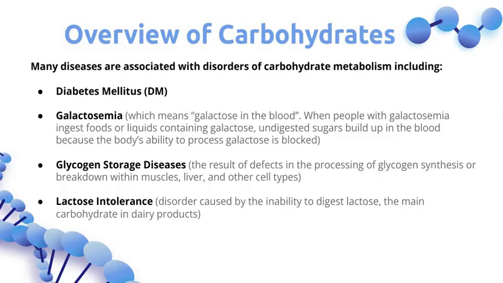If someone is not taking as many carbohydrates as their body needs, these are some of the conditions that can occur. You have probably heard of people having diabetes, right? The common ones are diabetes and lactose intolerance. These are just things you can take note of.